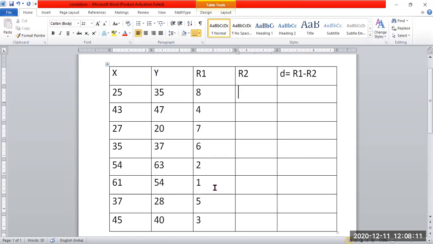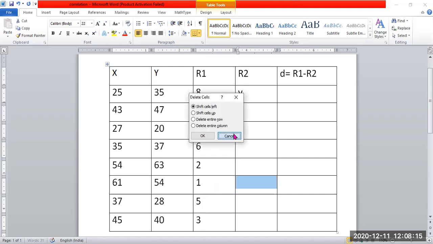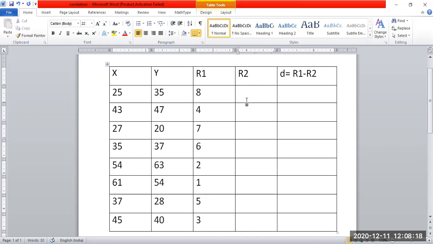Now we are going to R2. What is R2? Which is the highest rank in the Y column? That is 63, first rank. Similarly, 54 is the second rank, and 47 is the third rank.